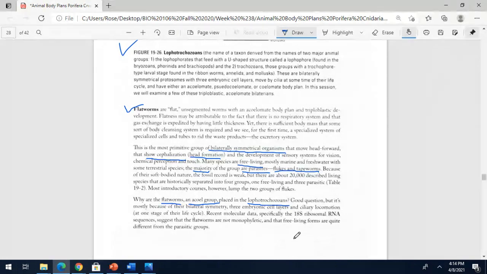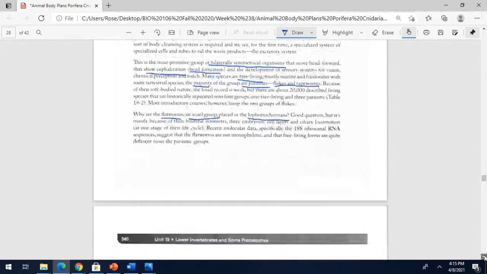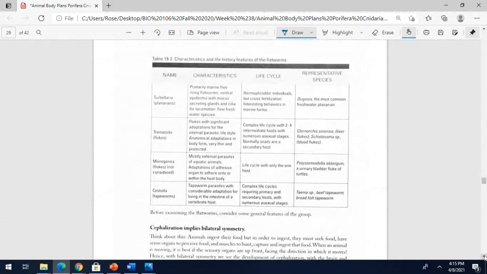And then they have ciliary locomotion at one stage of life, either in the larval stage while developing, or the adult stage, where they have cilia around them for locomotion. All right. So now this here is the 4 clades or groups of flatworms. Let me make it bigger for you guys to see.